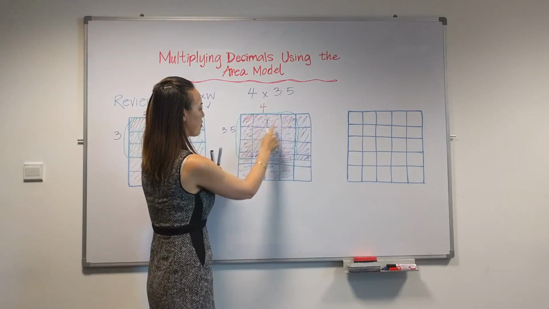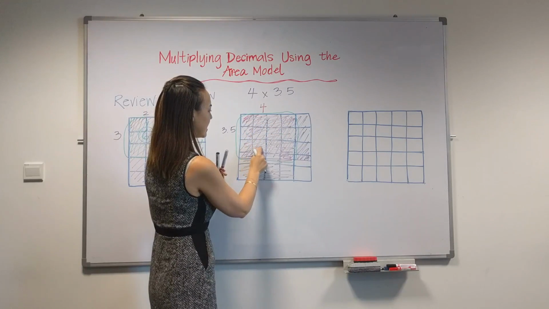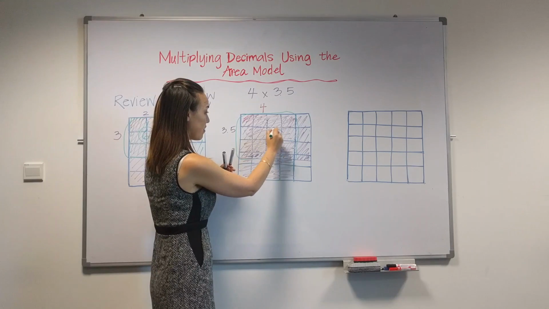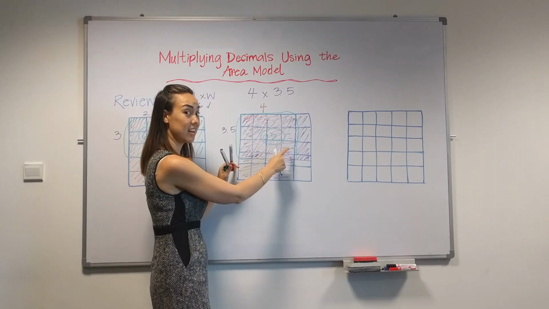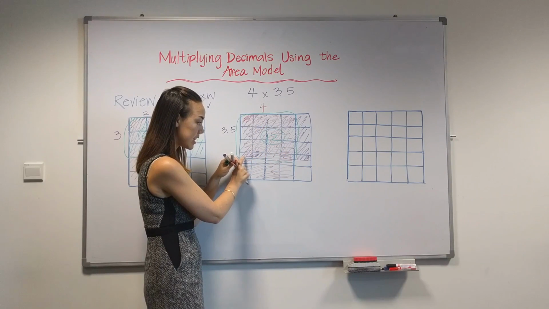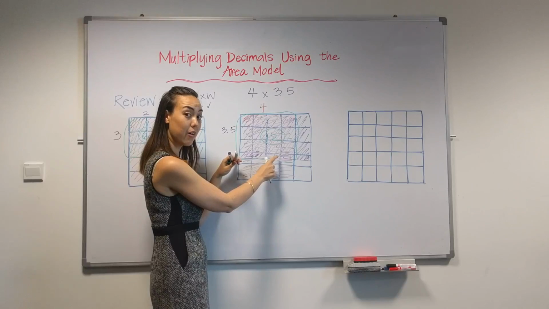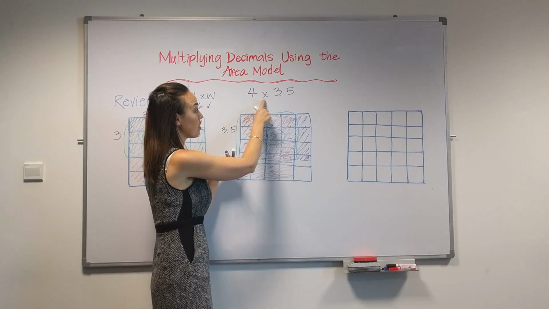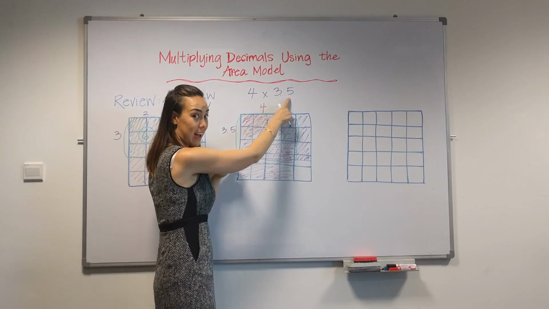1, 2, 3, 4, 5, 6, 7, 8, 9, 10, 11, 12. Okay, so I see 12 wholes shaded in. So we have at least a product of 12. But I also see that I have these half pieces down below. I can't forget those. That's part of my problem. It's 4 times 3 and a half.